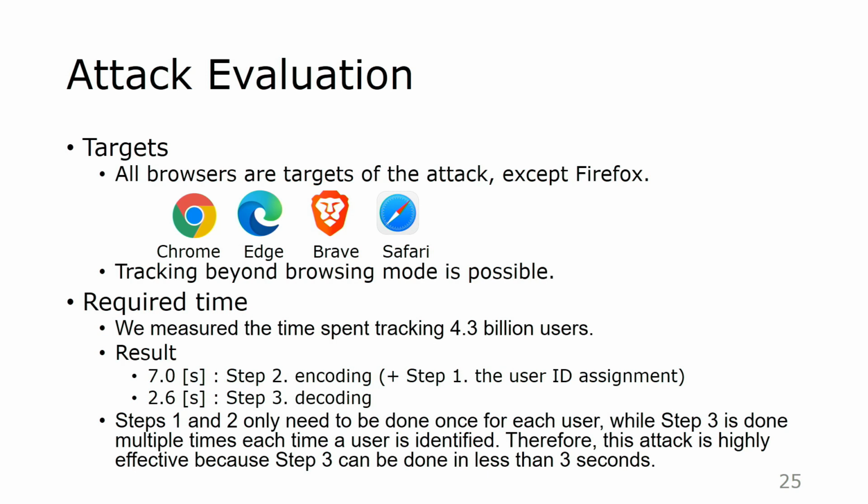In this presentation, we show the result of the measurement when the attacker tried to track 1.3 billion users. We found that step 2 takes only 7 seconds and step 3 takes 2.6 seconds. Step 2 only needs to be done once for each user, while step 3 is done multiple times, each time a user is identified. Therefore, this attack is highly effective.